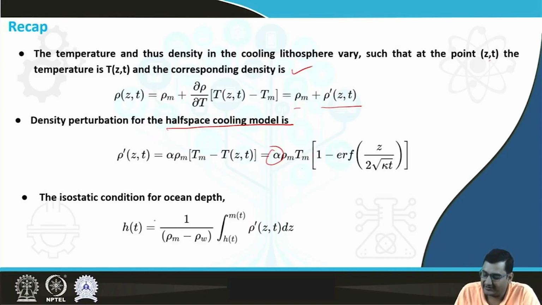The isostatic condition, that means the ocean floor depth, can be found using this formula: 1/(ρm - ρw) ∫ from ht to mt of ρ'(z,t) dz, where ρw is the density of the water.